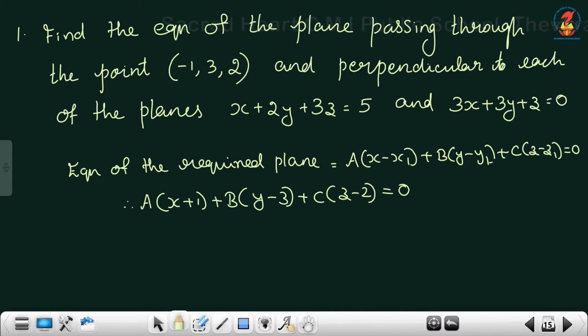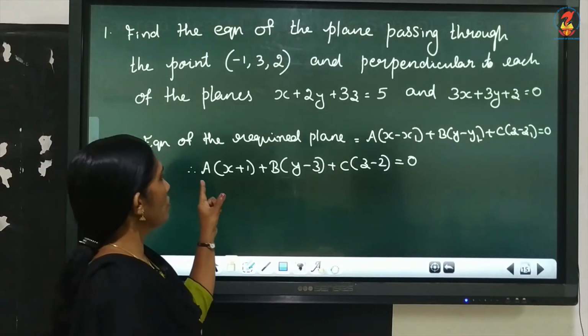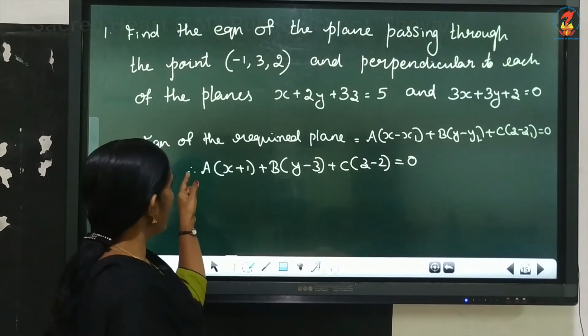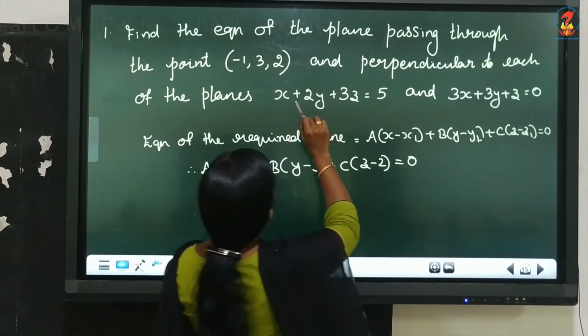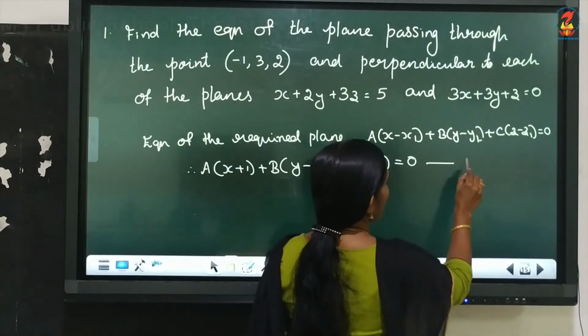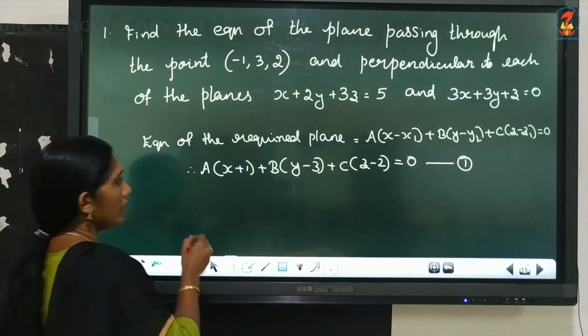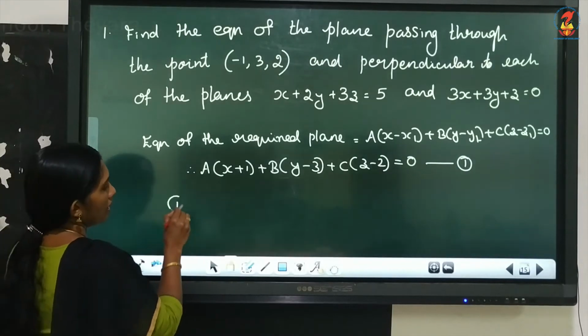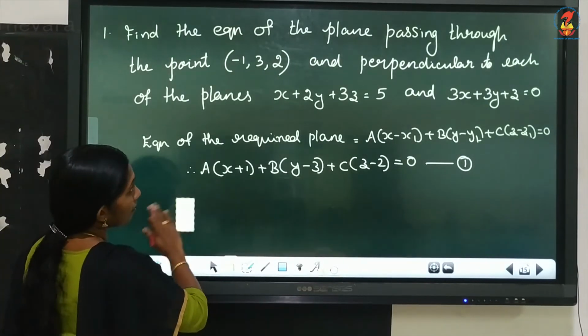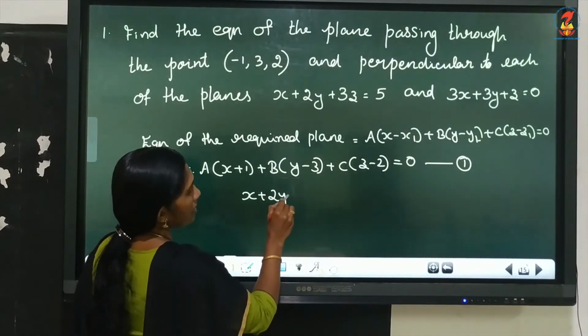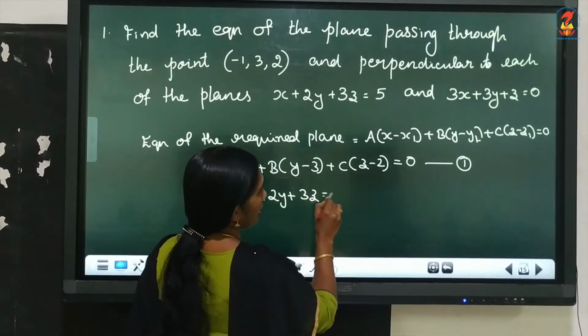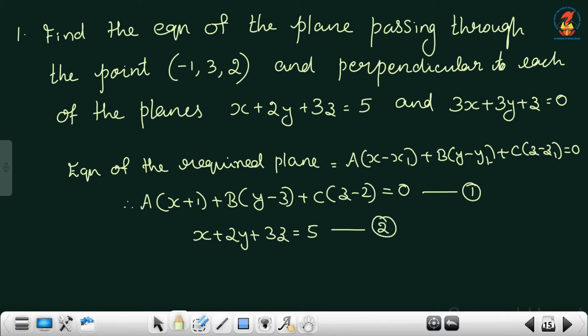So here the direction ratios of the normal of this plane are A, B and C, and this one is perpendicular to, we'll write the next equation, x plus 2y plus 3z equal to 5, that's the second plane, and the third plane is 3x plus 3y plus z is equal to 0.